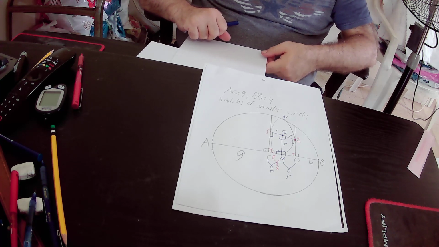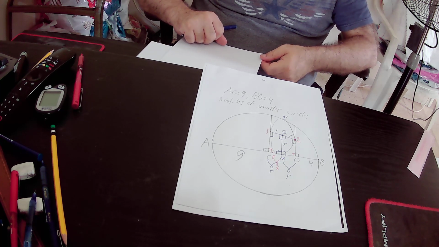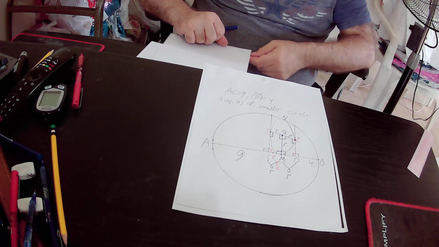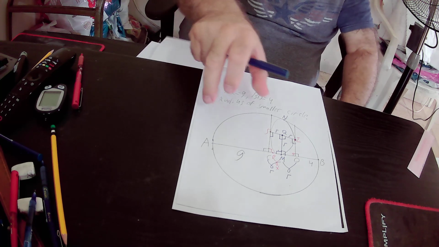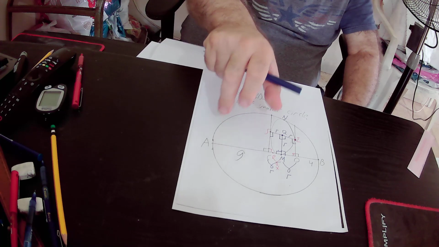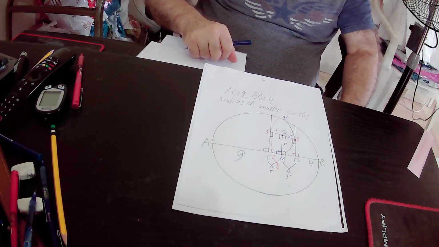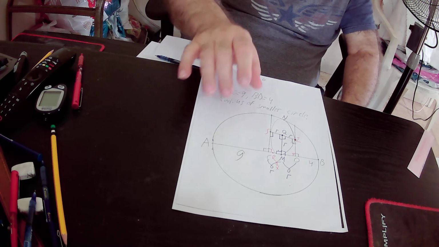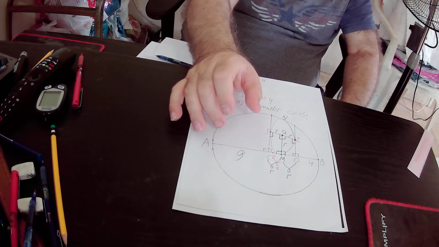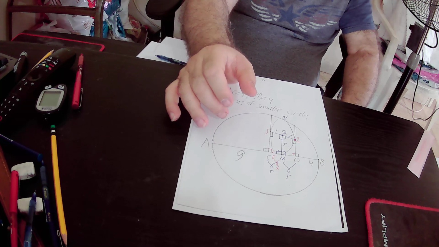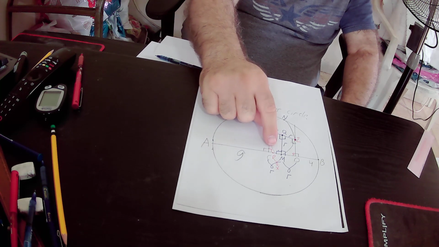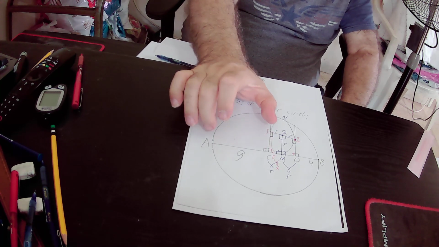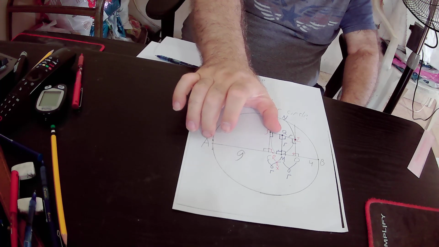Okay, so in the next step we will calculate the radius of the big circle in two different ways. We know that the radius of the big circle equals capital R, and P is the center of the big circle, so capital R equals AP from one side.